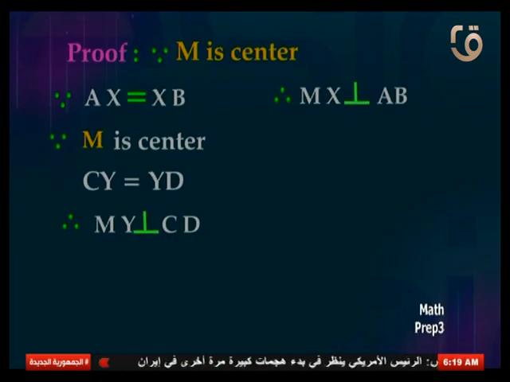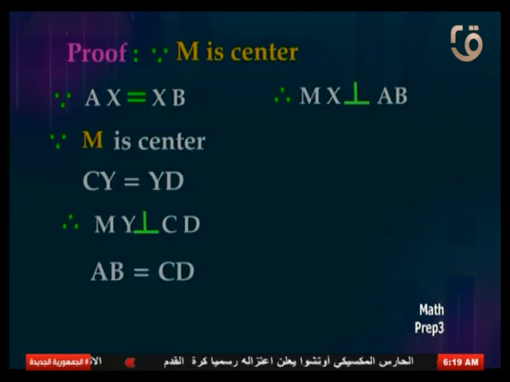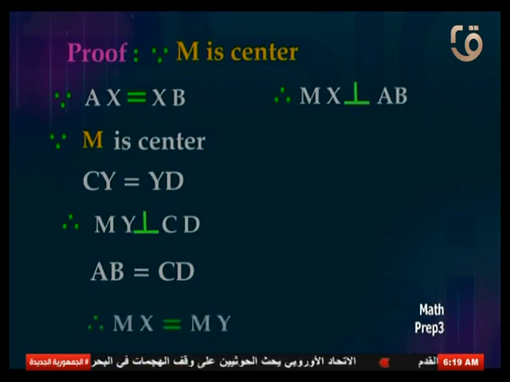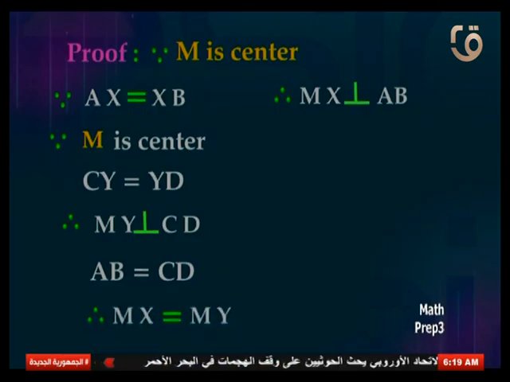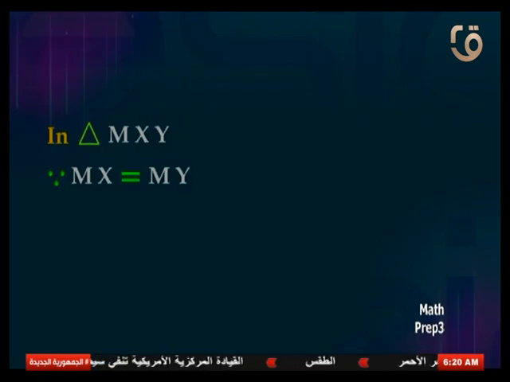Then MX is perpendicular on AB and MY is perpendicular on CD. And as AB equals CD, two equal chords, then they are equidistant from the center of the circle. Then MX equals MY. Then in triangle MXY, as MX equals MY, this triangle is an isosceles triangle.